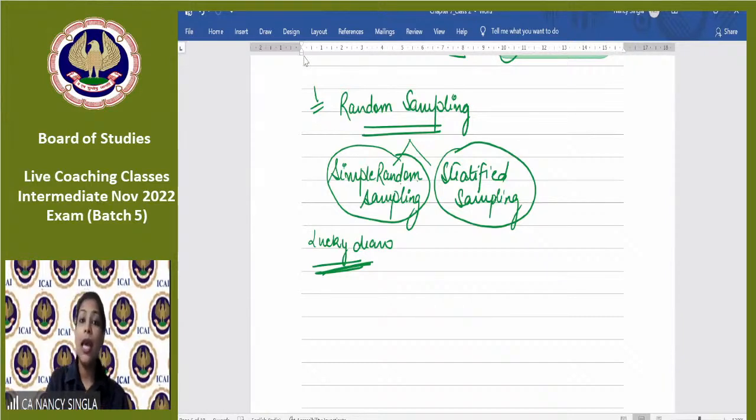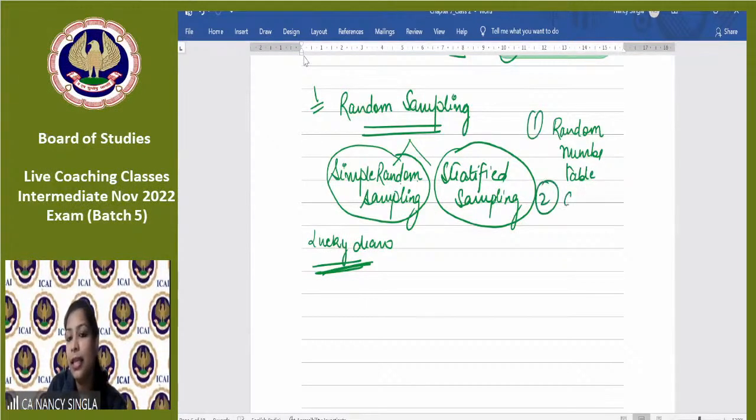Okay? Now, such selection can be done with the use of random number tables. There are many apps available whereby you can generate random numbers. There are various software also whereby random numbers are generated.